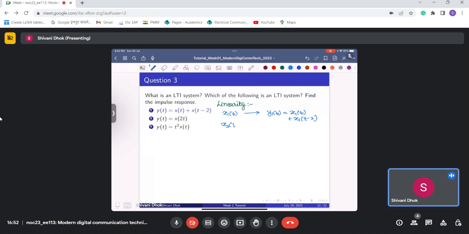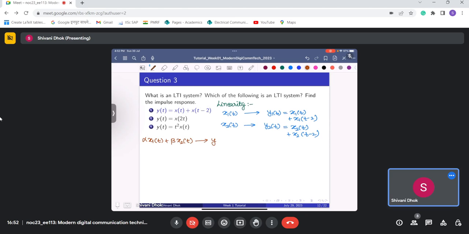Similarly, if I give an input x2(t), the output will be y2(t), which is x2(t) plus x2(t minus 2). Now suppose I give an input alpha x1(t) plus beta x2(t).